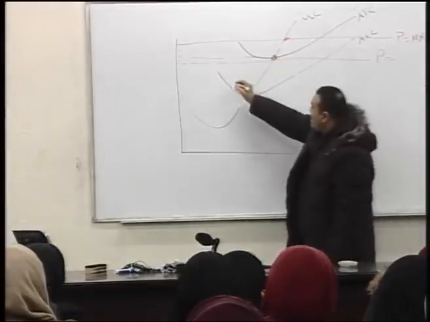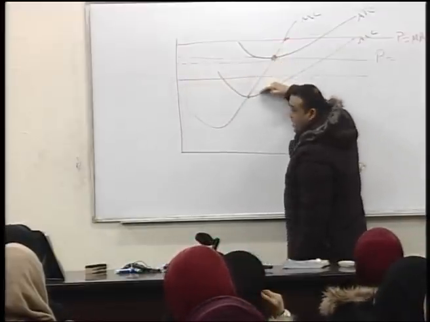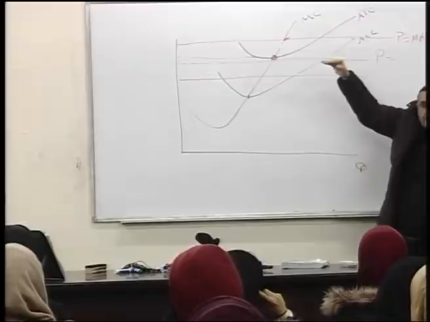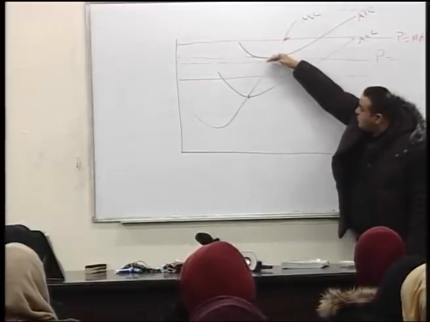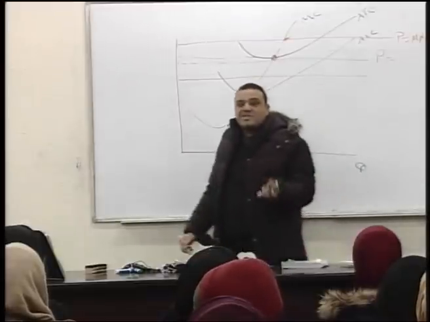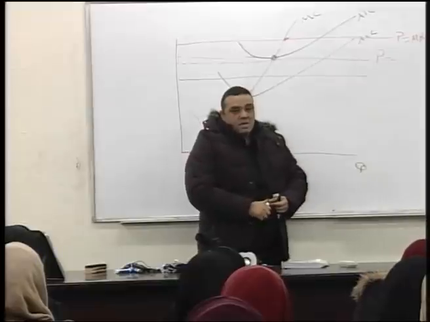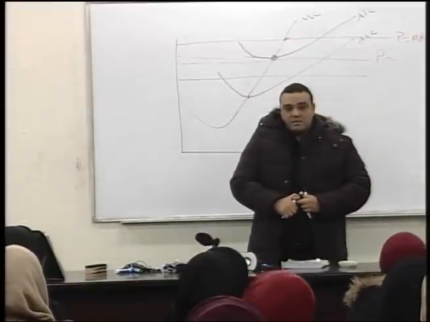If the price was in between here, between ATC and AVC, which is above AVC and less than ATC, here we have an economic loss, and we advise the business to keep working, right?